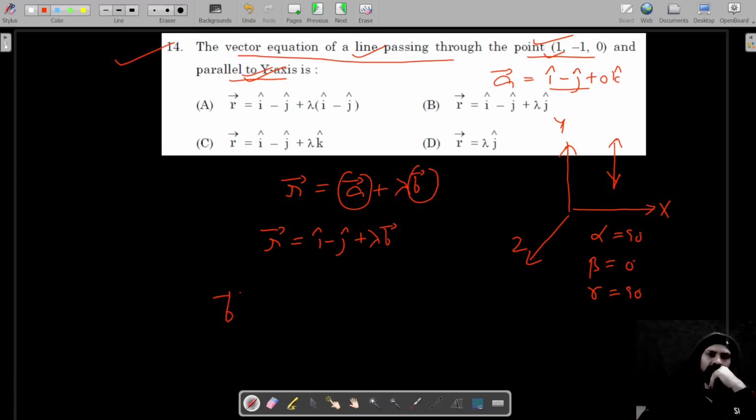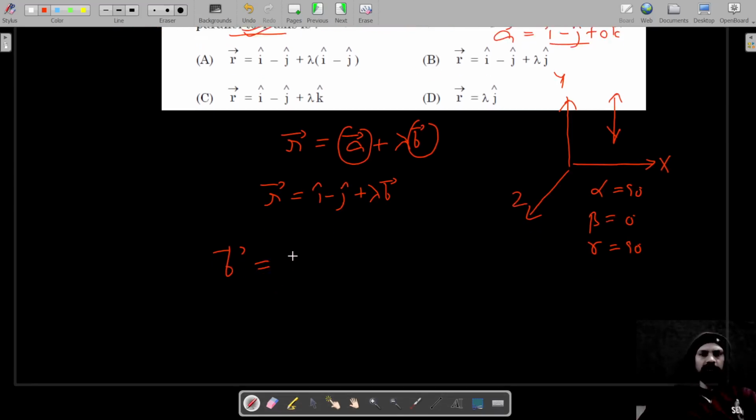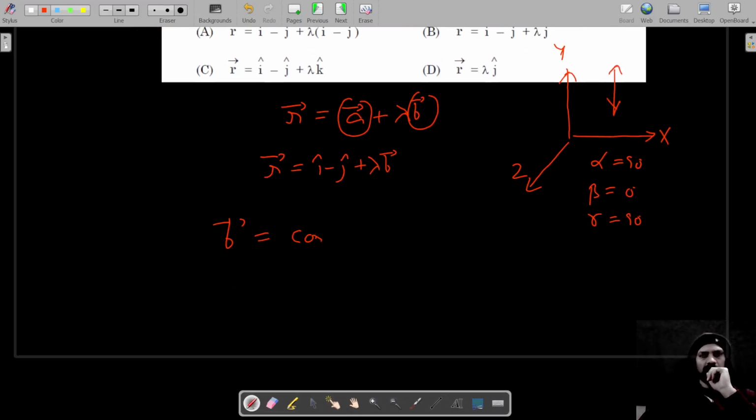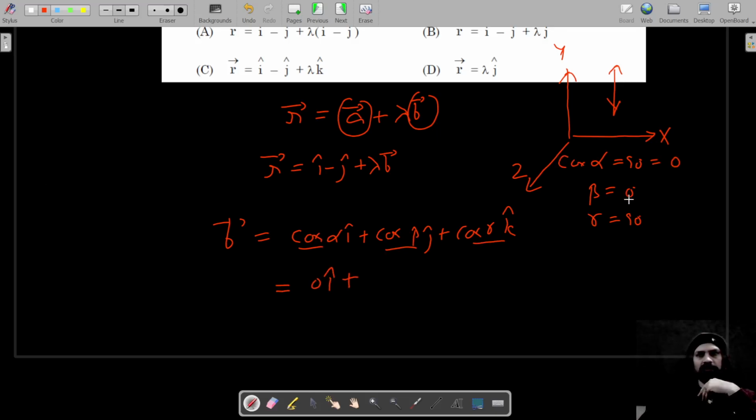So now this b vector can be written as cos alpha into i cap plus cos beta into j cap plus cos gamma into k cap, where cos alpha, cos beta, and cos gamma are the direction cosines. Alpha is 90 degrees, so cos alpha is 0, and this is 0 into i cap.